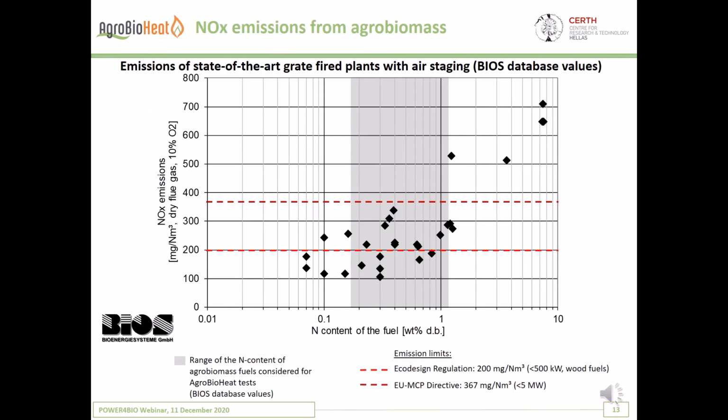I will now speak also about the emissions from agrobiomass, because the question of how biomass fits into an ever-tightening air quality context is very important in the policy discussions. At the moment, I have to say that for facilities smaller than 1 megawatt, there are no EU level limits regarding agrobiomass combustion.